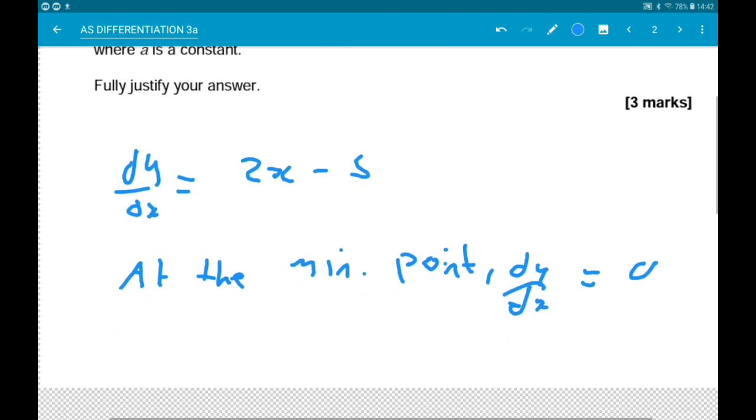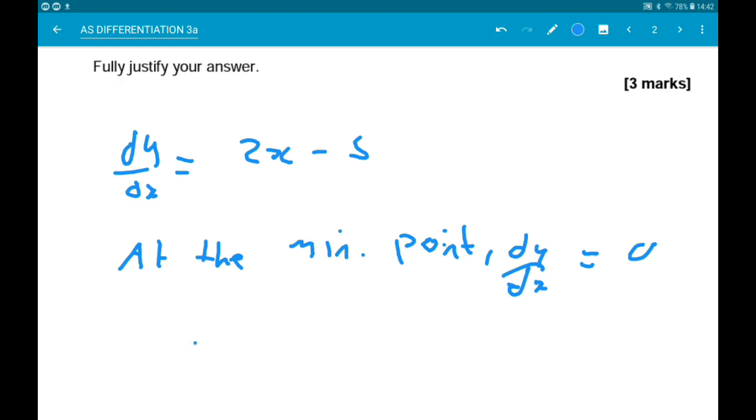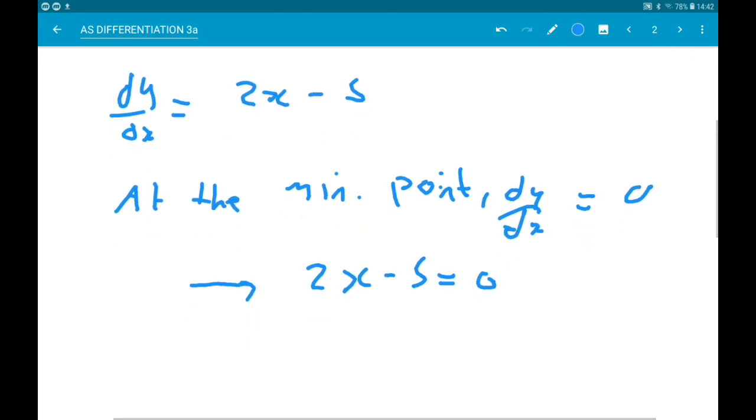So that then gives us 2x minus 5 equals 0. So x is 5 over 2.